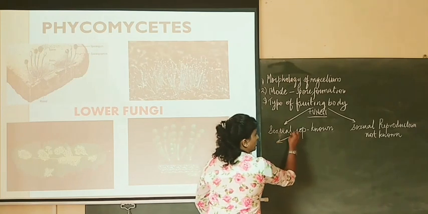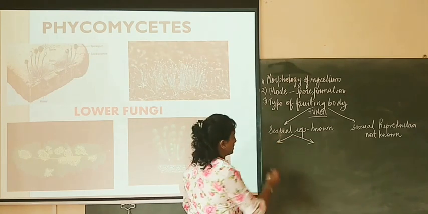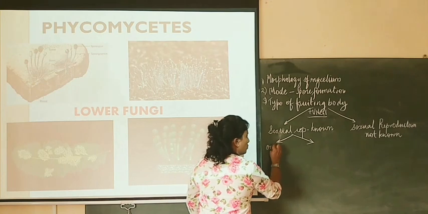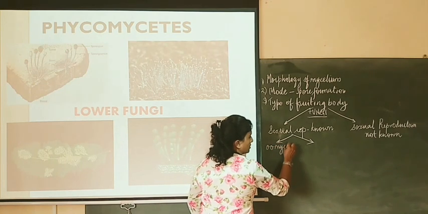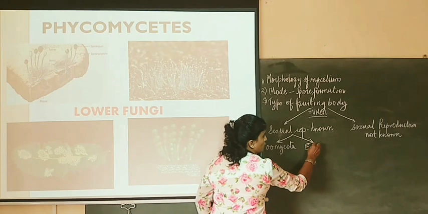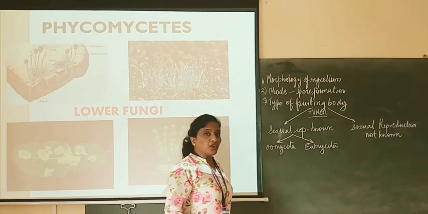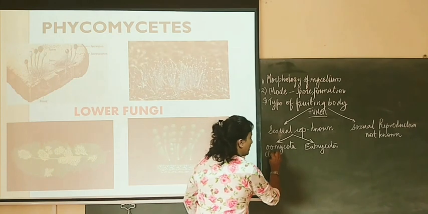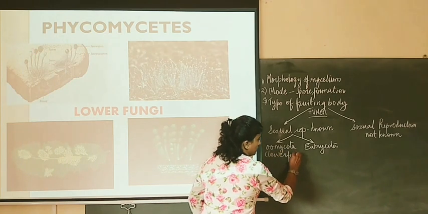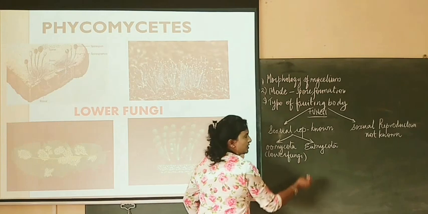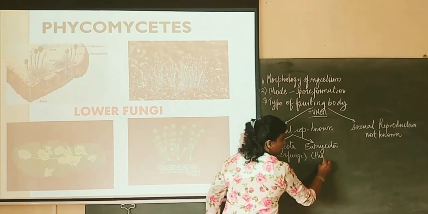again we will divide into 2 types, that is the Oomycota and Eumycota. Oomycota are the lower fungi and Eumycota are the higher fungi.